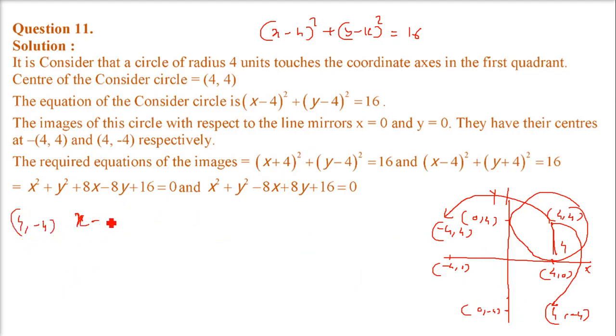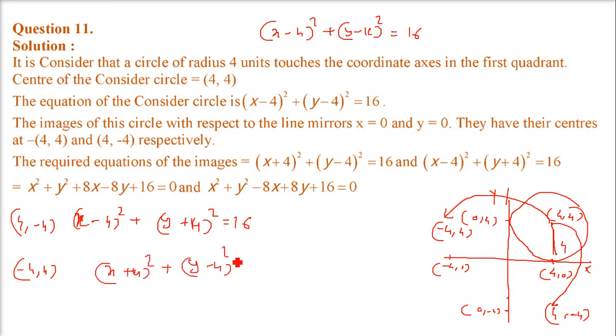So x minus 4 whole square plus y plus 4 whole square equals 16. And the other is minus 4 and 4. So x plus 4 whole square plus y minus 4 whole square equals 16. These two are the equations. The first will be this one, the second will be this one.